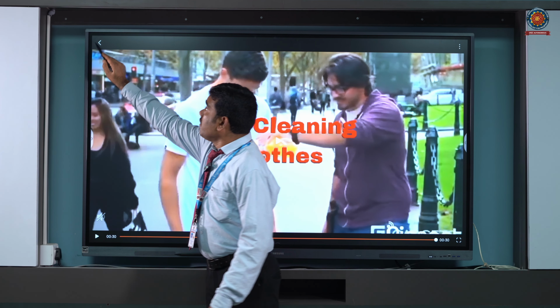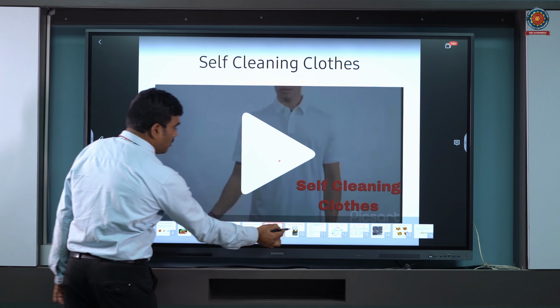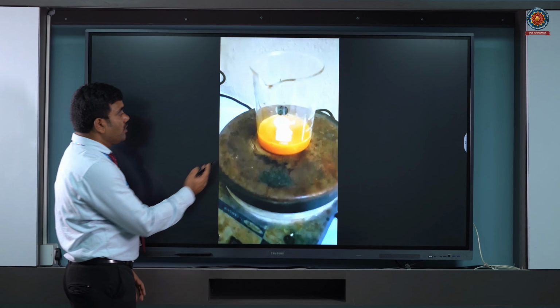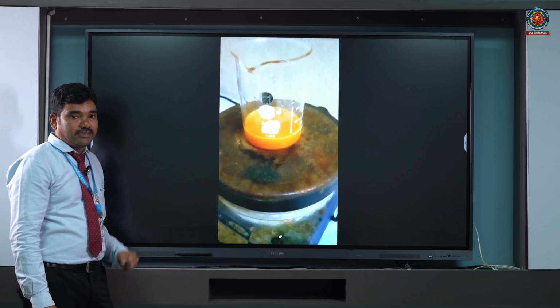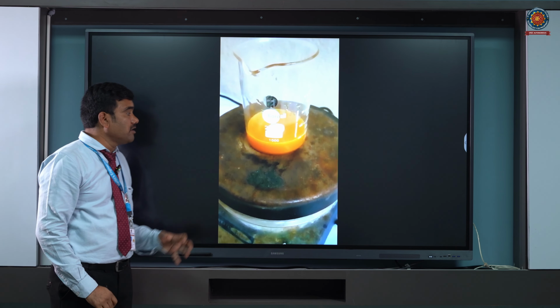See another video. This is the vanadium pentoxide nanoparticle synthesis. Here, this is the magnetic stirrer. This is solvent synthesis.